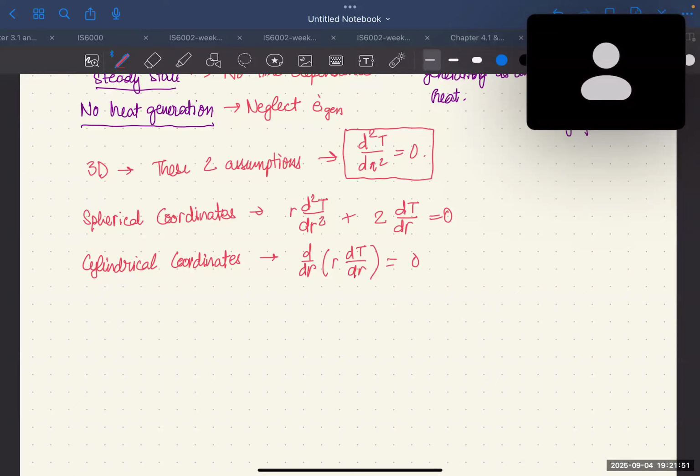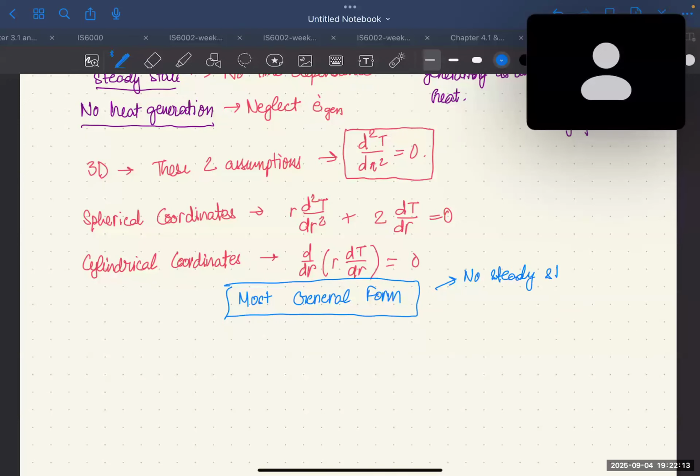Okay, so the most general way of writing the heat conduction formula would be, in this we are assuming no steady state. The previous assumptions we are neglecting now, and heat generation is also there.